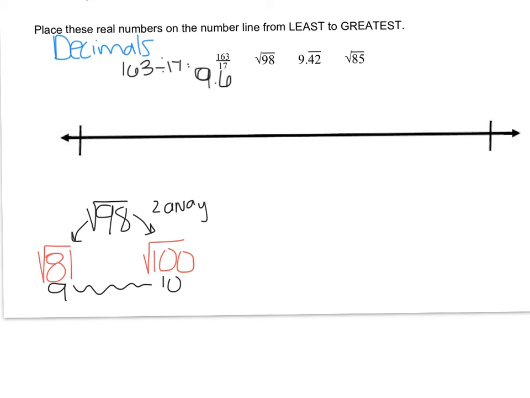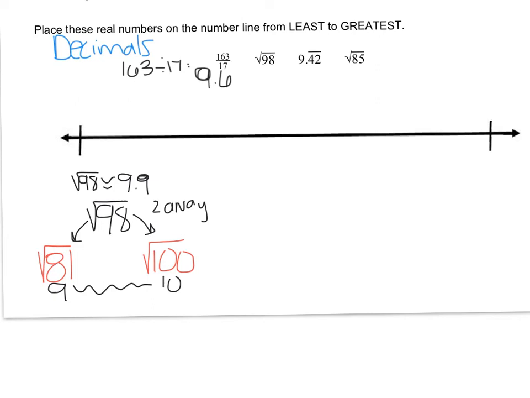If it's only 2 away, the square root of 98 is certainly going to be 9 point something. 9.8 or 9.9, I think, would be a very good guess. I'm going to say 9.9. If you said 9.8 on your test, I wouldn't count you wrong. Those are very, very close.